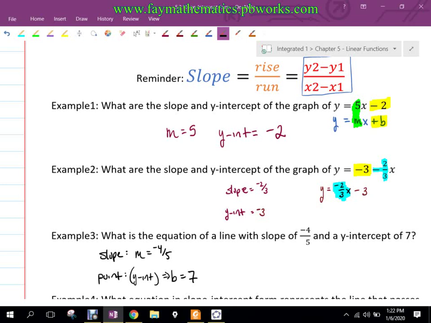Okay. I might eventually have to use another line to find the y-intercept. I might have to go through some algebra to do that later on. There's going to be more difficult ways of generating these values. But once I have them, I can take my y equals mx plus b format and just replace the m with -4/5, replace the b with 7.